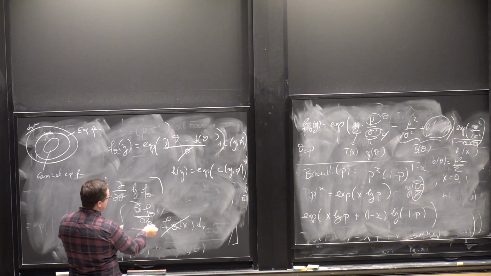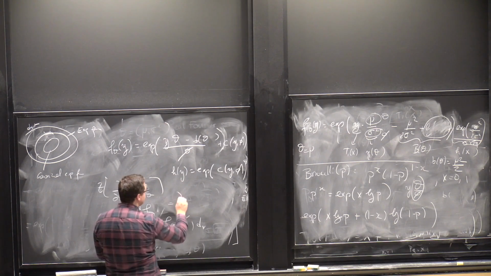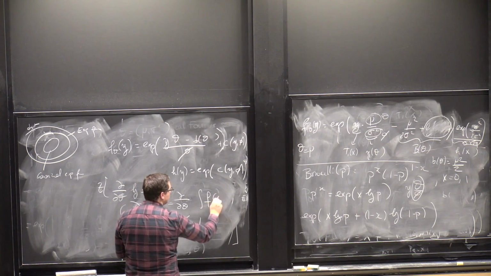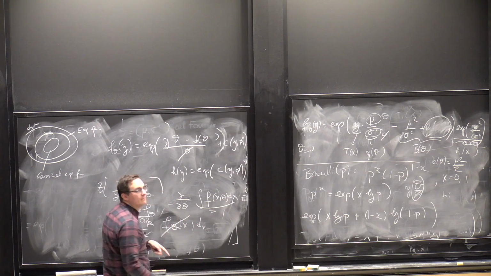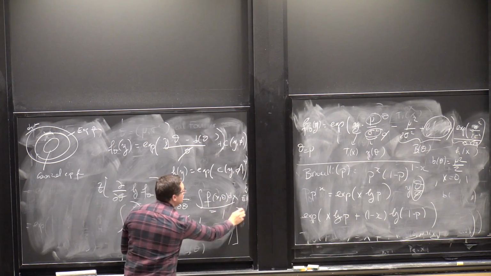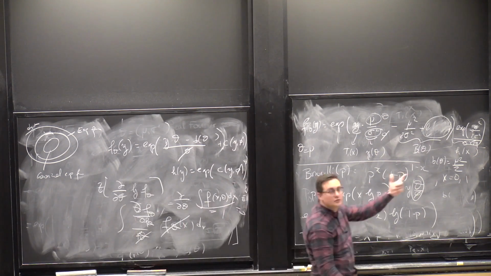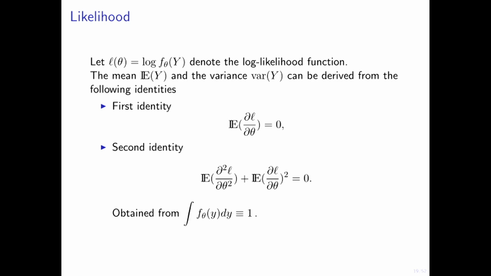And then I had just the integral of a derivative, which I would make a leap of faith and say that it's actually the derivative of the integral. But this was equal to 1. So this derivative was actually equal to 0. And so that's how you got that the expectation of the derivative of the log likelihood is equal to 0. And you do it once again, and you get this guy. There's just some nice things that happen with taking the derivative of the log. We've done that. We'll do that again.